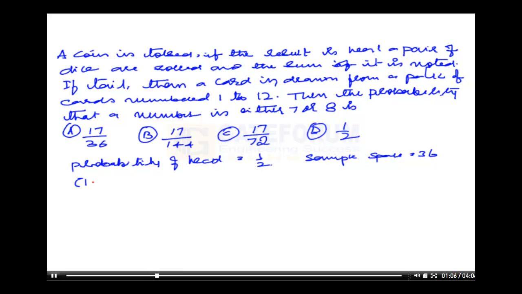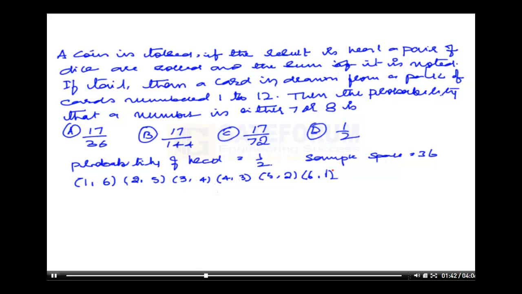To get 7: 1 on the first die and 6 on the second die, sum is 7; 2, 5; 3, 4; 4, 3; 5, 2; and the other possibility 6, 1. So total is 6 outcomes where the sum is 7.